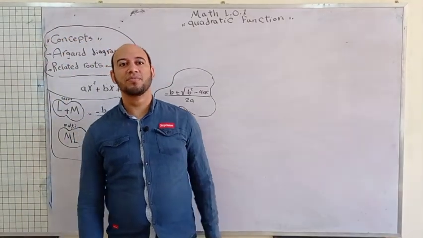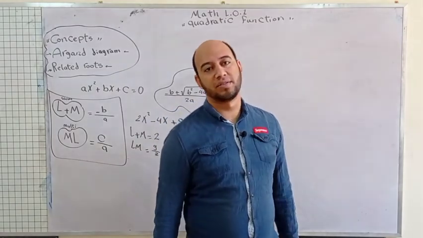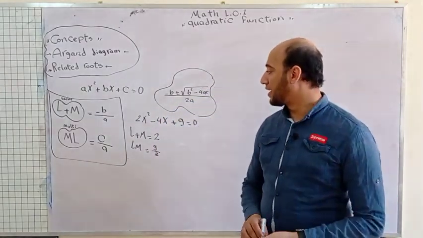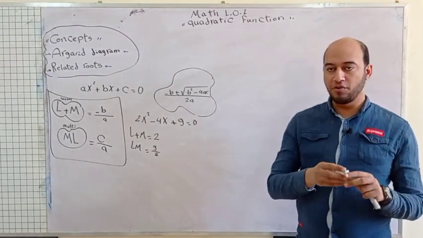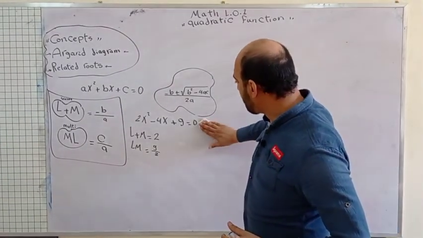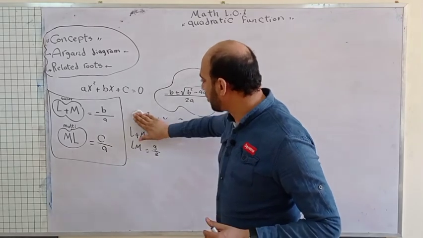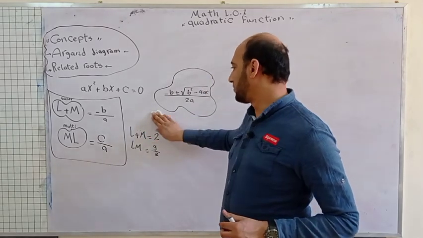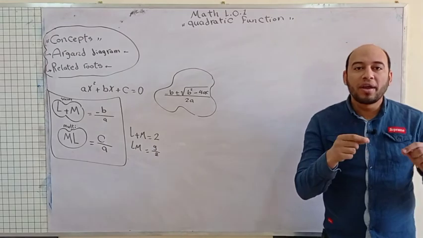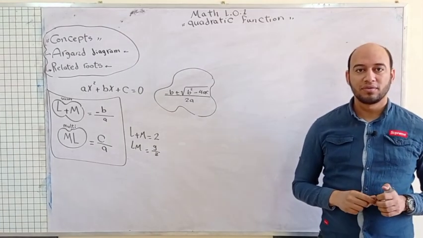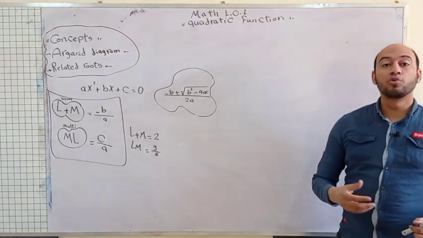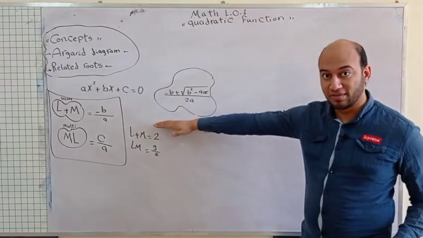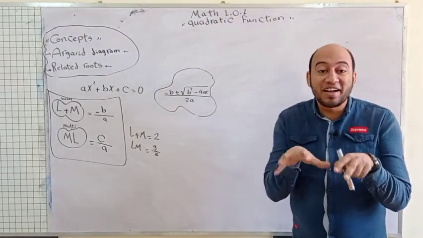Now, we will take an important piece of information. If I give you the sum and the multiplication of roots, how can you make the equation? We want to construct the equation.